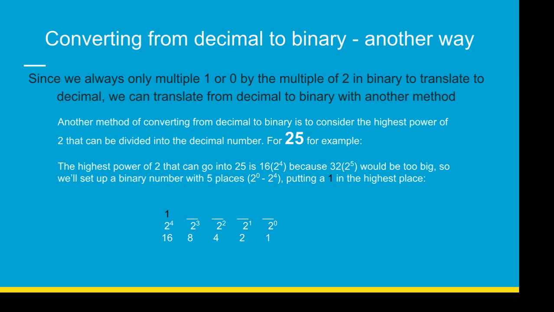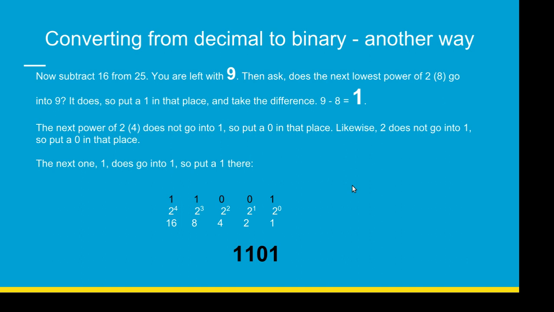And then I subtract that 16 from 25, and that gives me, what's 16 from 25? 9. Yes. So then I ask, does the next lowest power of 2, which in this case is 8, go into 9? It does, so I put a 1 there.